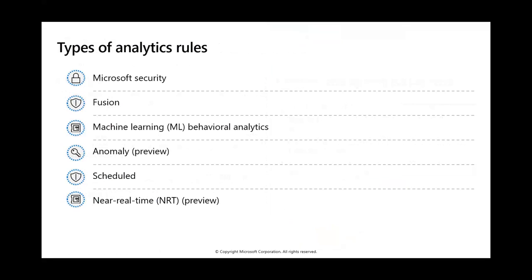And there are currently 4 types of analytic rules. The Microsoft Security ones: with this type of rule, we can configure Microsoft Security solutions that are connected to Sentinel and we can configure different security solutions to pass their alerts to Sentinel.